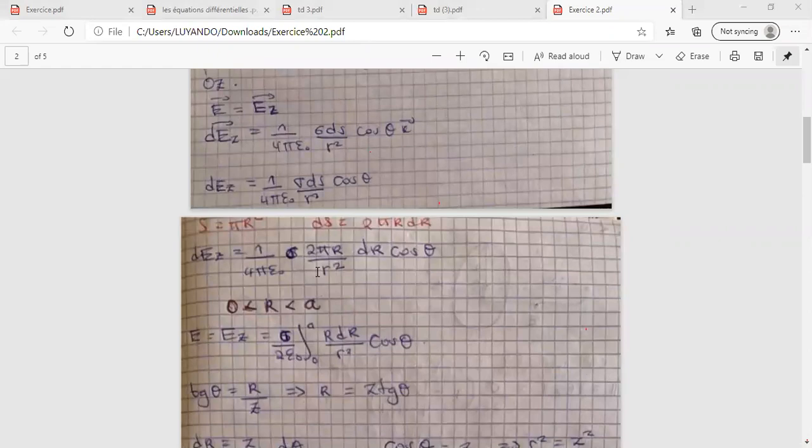Okay, so our dEz is going to be 1 over 4 pi epsilon 0, the constant, over r squared, in direction cos theta. So now this is where it gets tricky.